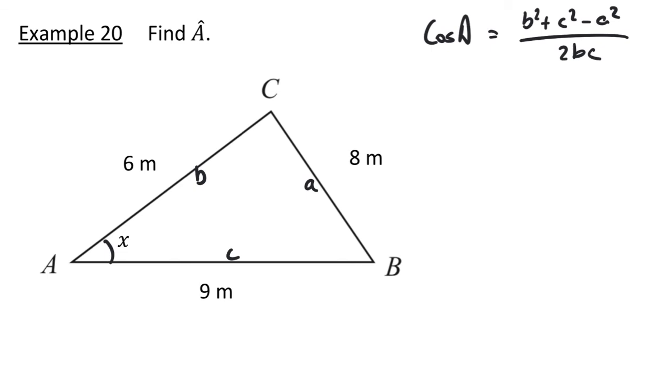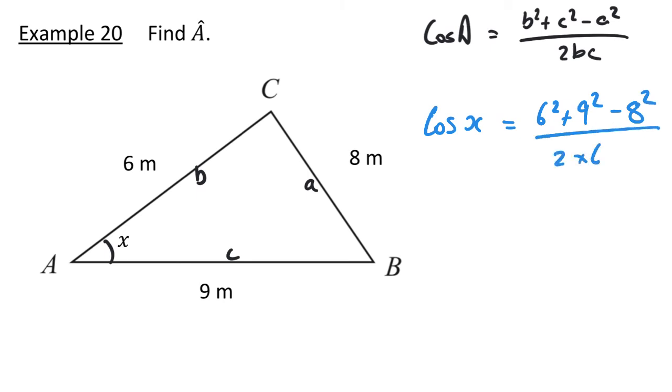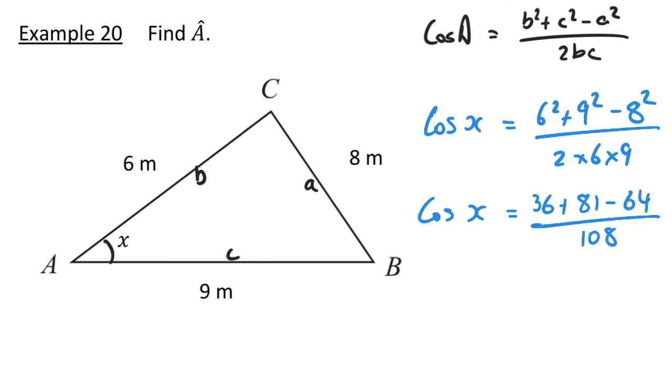And putting in the information that we have, we've got the cos of X equals 6 squared plus 9 squared minus 8 squared over 2 times 6 times 9. So the cos of X equals 36 plus 81 minus 64 over 108.